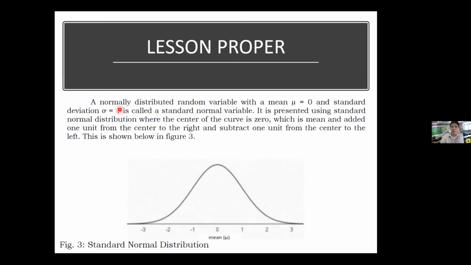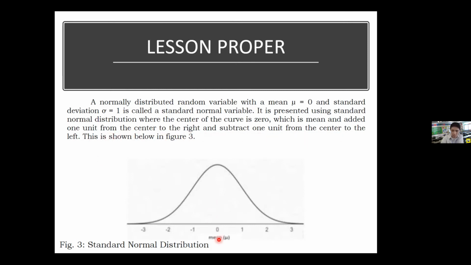Again, a normally distributed random variable with a mean mu equals to 0 and a standard deviation of 1 is called standard normal variable. It is presented using standard normal distribution where the center of the curve is 0, which means we add 1 unit from the center to the right and subtract 1 unit from the center to the left.